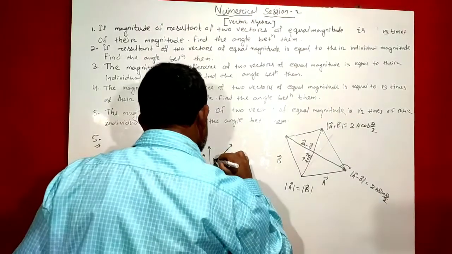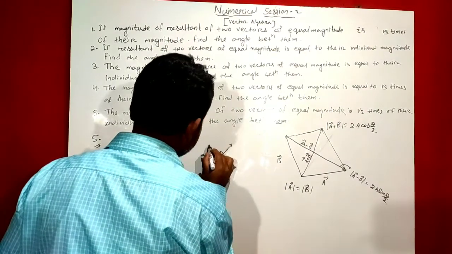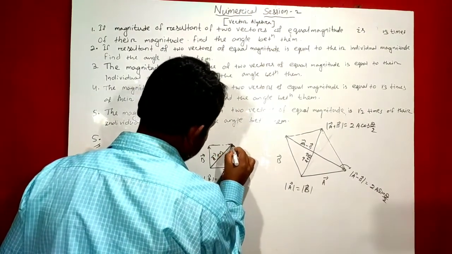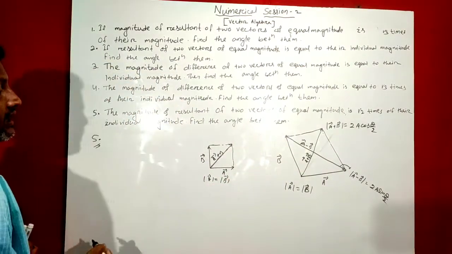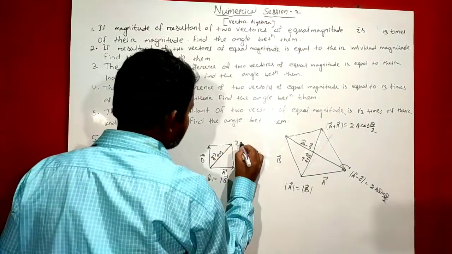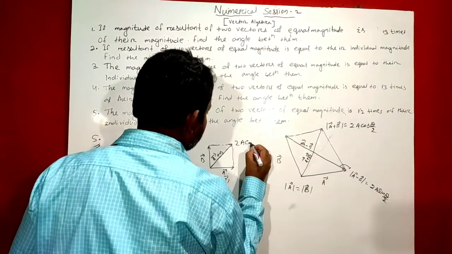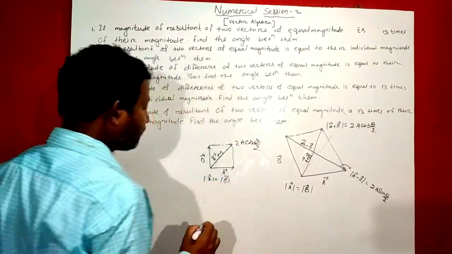Completing the parallelogram, we find that this is A plus B. So this is 2A cos theta by 2.